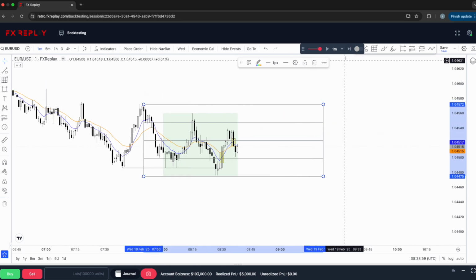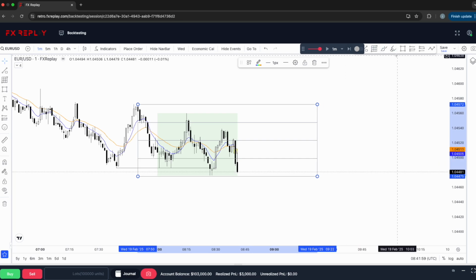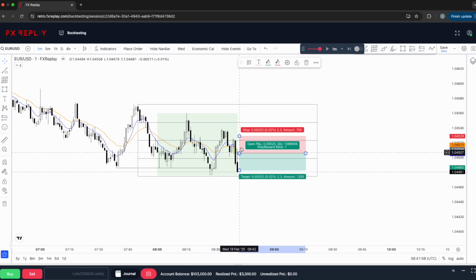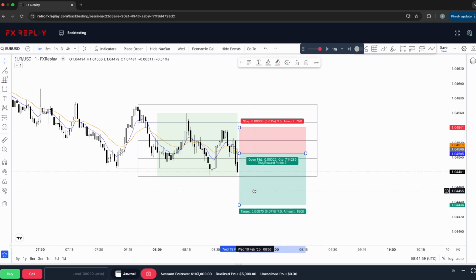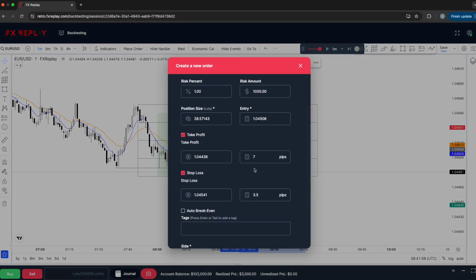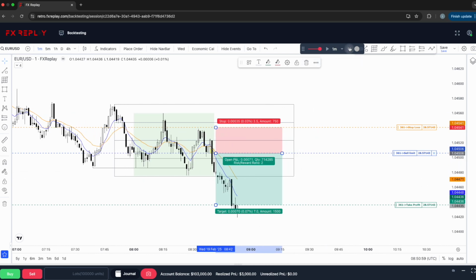I'm still waiting for the EMA to cross over. Now it has. But I'm going to wait for this because that's just too low. 3.3, 3.5 is my bare minimum. 1 to 2. Place order, sell, and just continue to play.